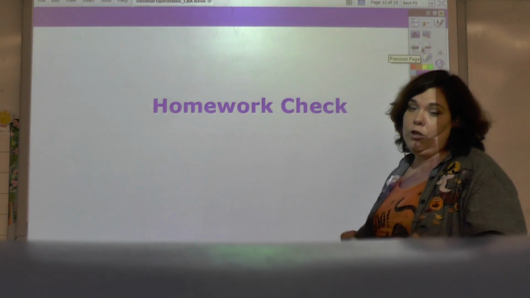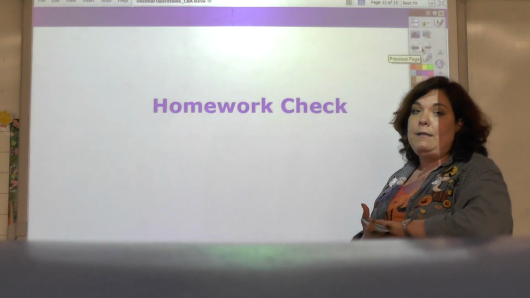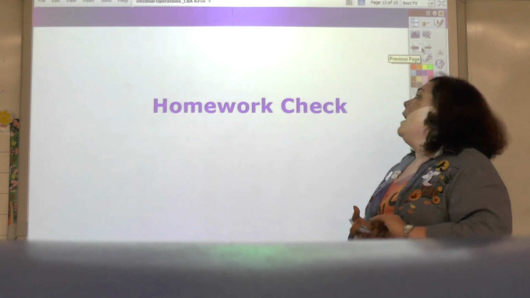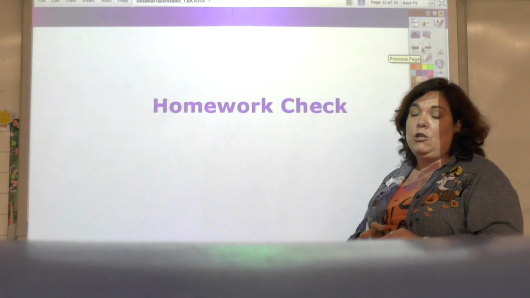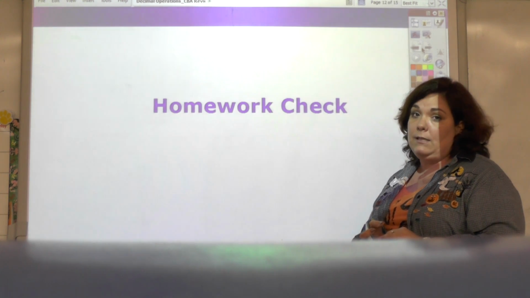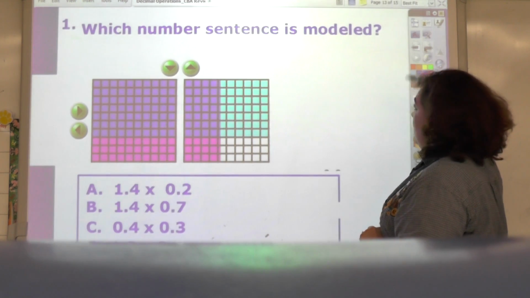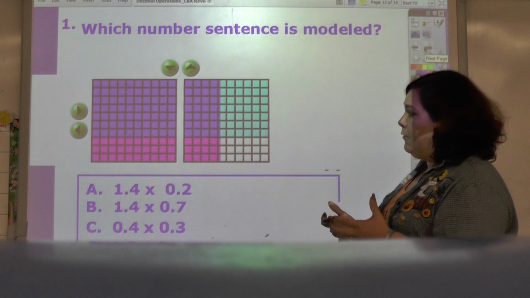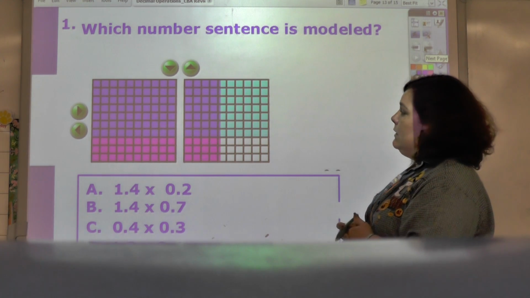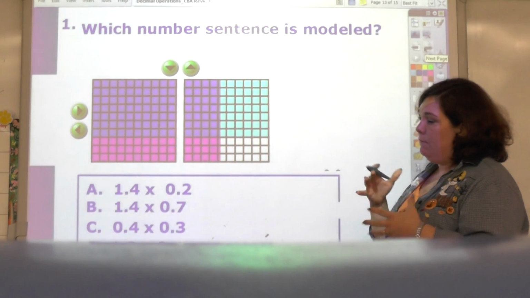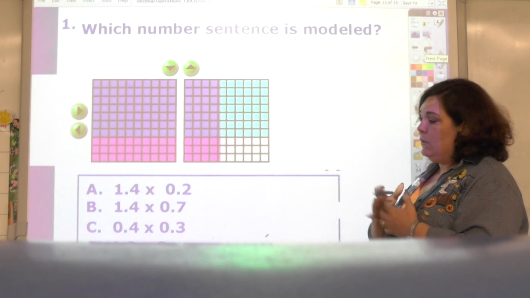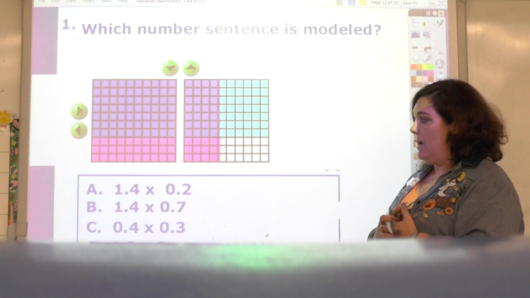So here's your homework check. I know this has covered a lot of things, but it's been a review. And this homework check is going to cover a lot of things so that we can make sure that you have an understanding of everything that's expected of you. So here is a model, and it says which number sentence is modeled. So you have to count and count up based on this which answer would be correct.